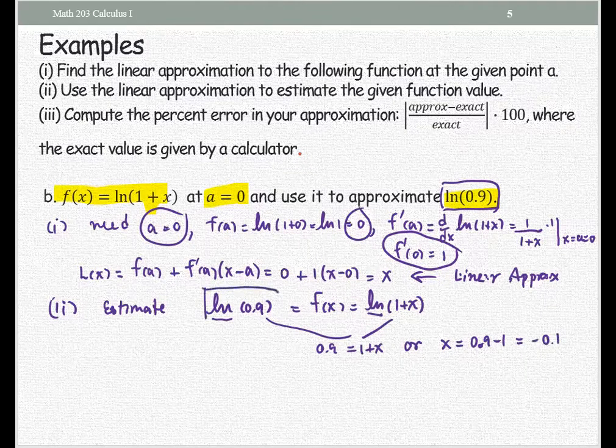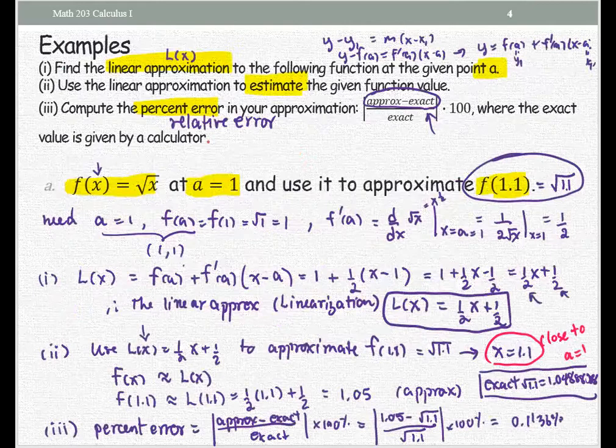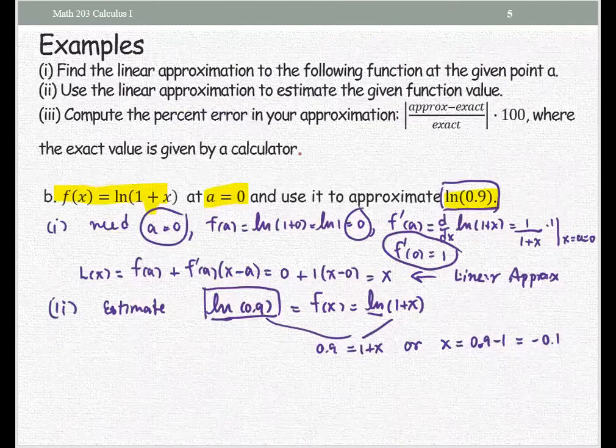You see, our goal is to find the value of the natural log 0.9, while in the last problem we had to find the function at 1.1. So they are asking you for two different formats of the value. Just pay attention to this detail.